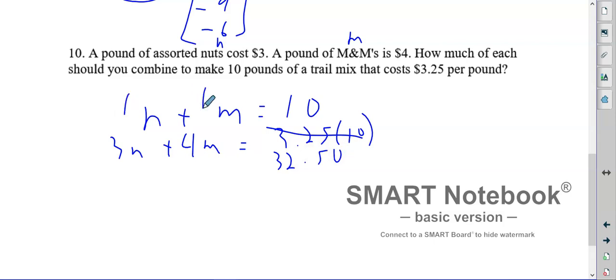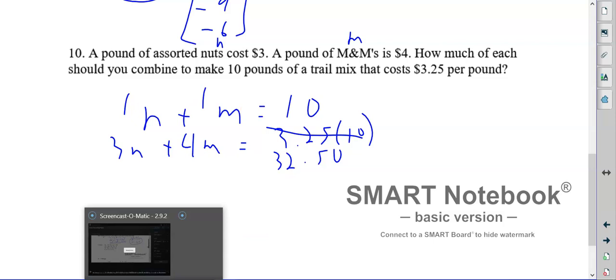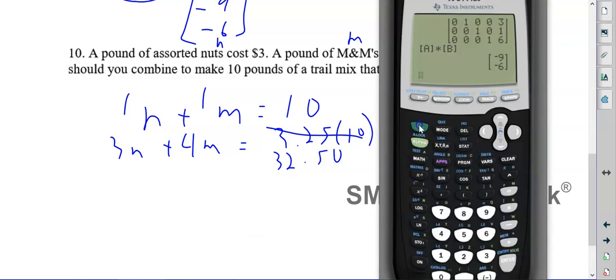I'm just going to use a matrix on this, go nice and quick. So, second matrix, edit a 2 by 3. We have 1, 1, 10, and 3, 4, 32.5.